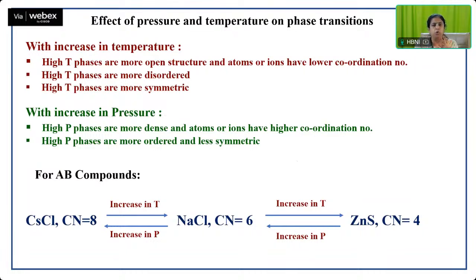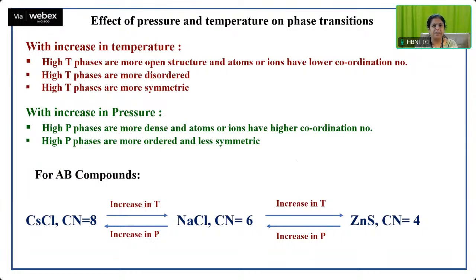So they will tend to be more symmetric. At the higher temperature, the structure will be more open, it will be more symmetric, it will have lower coordination number. Also, if there is a chance of ordering and disordering, your high temperature structure would be more disordered.